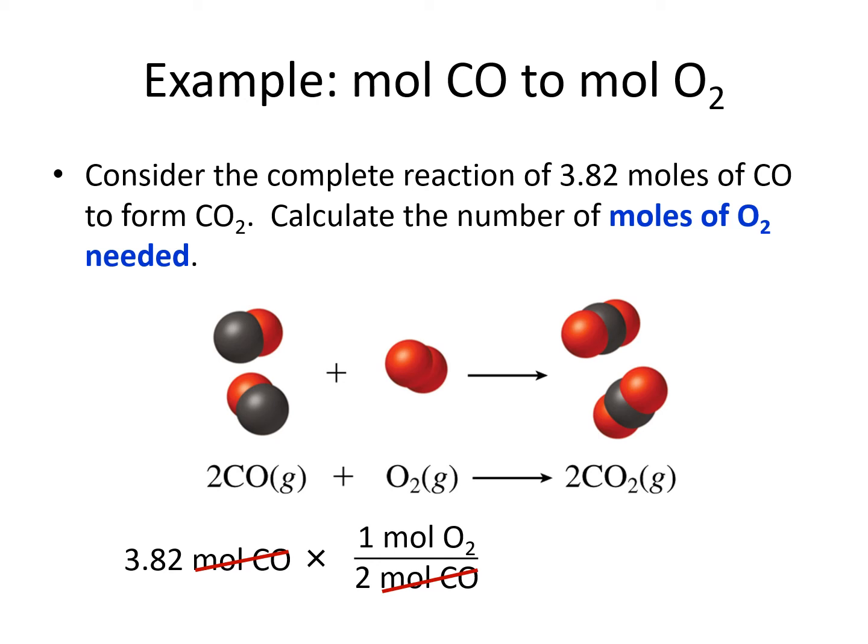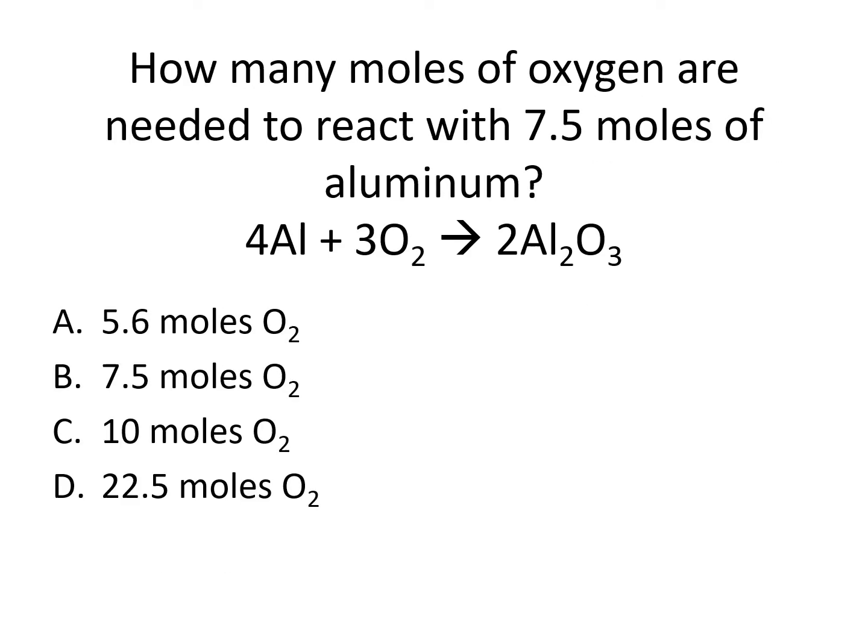There's an understood 1 next to the oxygen in the balanced chemical equation, so we put that next to moles of oxygen in our conversion factor. We do 3.82 divided by 2, and we're dividing by 2 because that 2 is in the denominator. So we find out that 1.91 moles of oxygen are needed to react with 3.82 moles of CO.